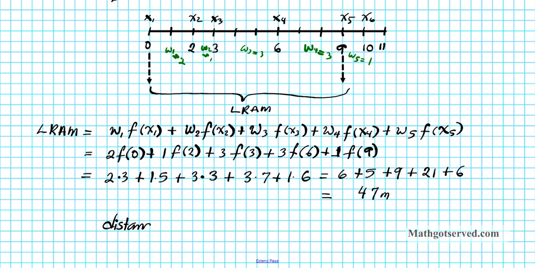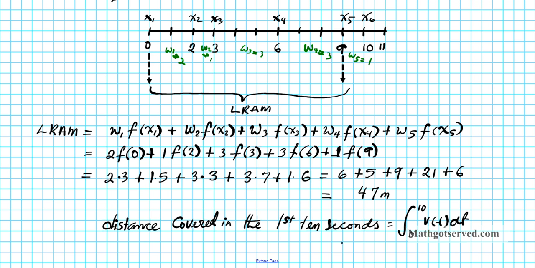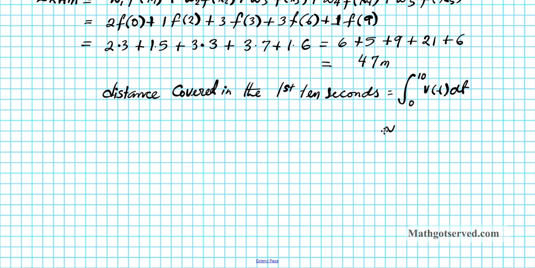Distance covered in the first 10 seconds, which is exactly equal to the integral from 0 to 10 of the velocity function dt, is approximately 47 meters using left rectangular approximation. All right, so that's basically what our answer is.